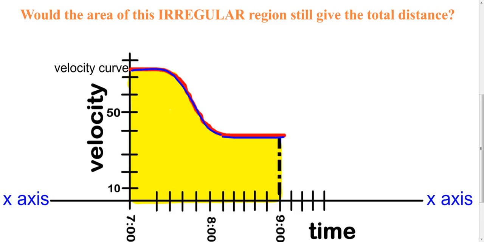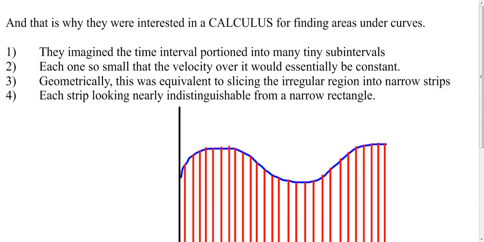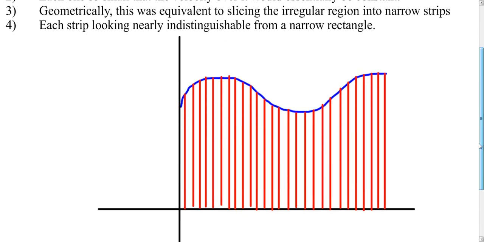And this is where calculus came in. They went, all right, we've got to find a way to find the area of that region. So what people did is they took an irregular region and divided it into teeny tiny rectangles. So this right here is one rectangle, if you can picture it.